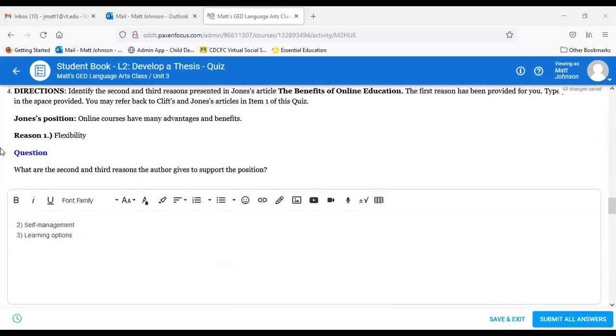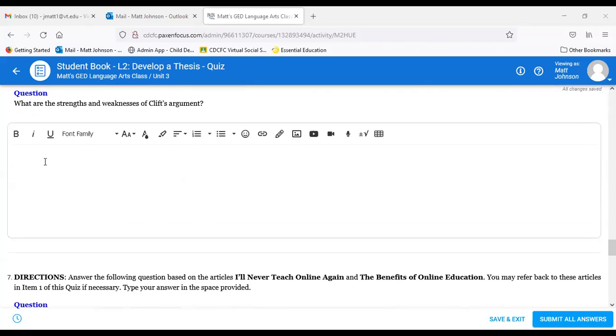So we'll say it like this. So Cliff presents her article, her argument from a teacher's point of view, but she relies on anecdotal evidence.